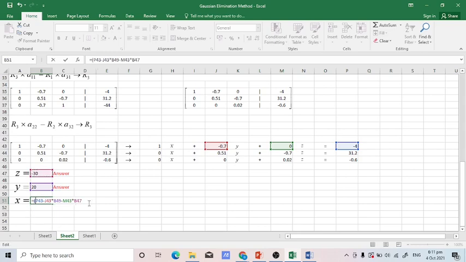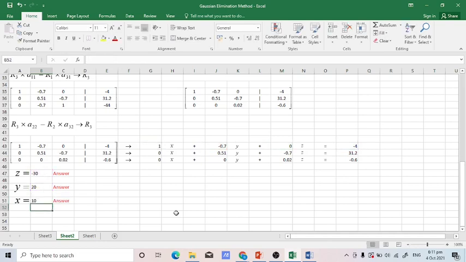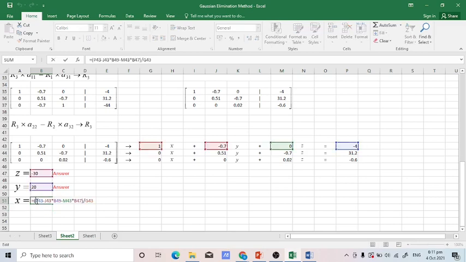All over 1. Huwag mong sulat na 1. Dapat yung G43, hindi 1 ha. Kasi pag nag-edit ako, mali na yung sagot. Mamaya, kung magigets niyo kung bakit yan. So, G43 dapat pag mong susulat na 1. Okay? Enter. O, 10.